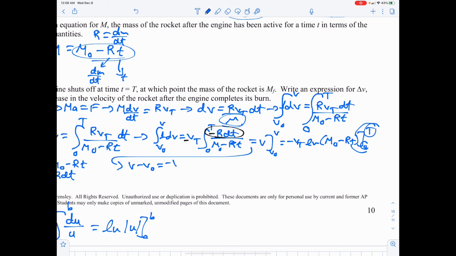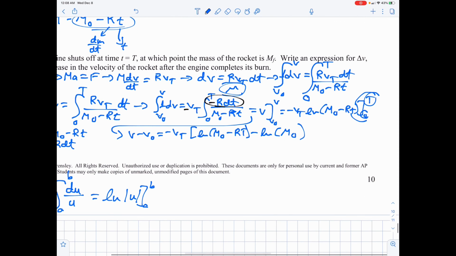And so I get negative vt, times the natural log of m naught minus r times big T, minus the natural log of m naught minus 0, because I plug in 0 for little t times r is 0, which would just be m naught. So we'll just leave it like that.